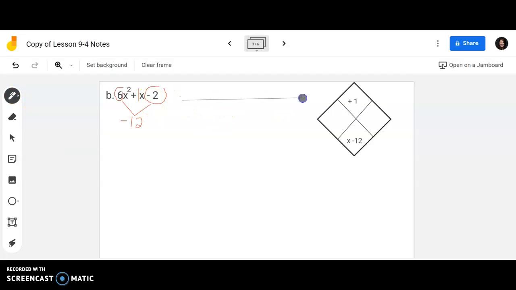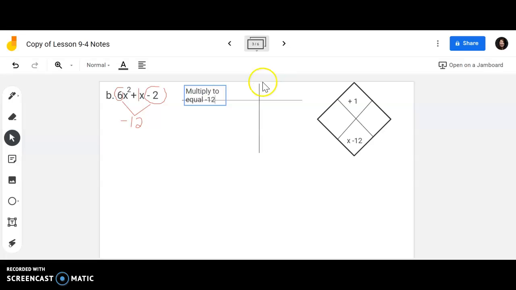So we're looking for two numbers that multiply to equal negative 12 and add to equal positive 1. So if we think of all the things that multiply to get us a negative 12, in order to get a negative number, one of the numbers needs to be negative.